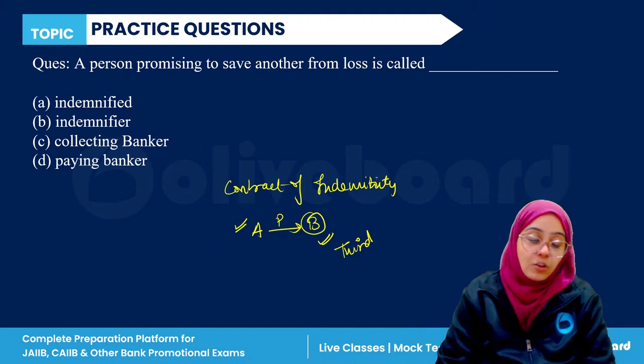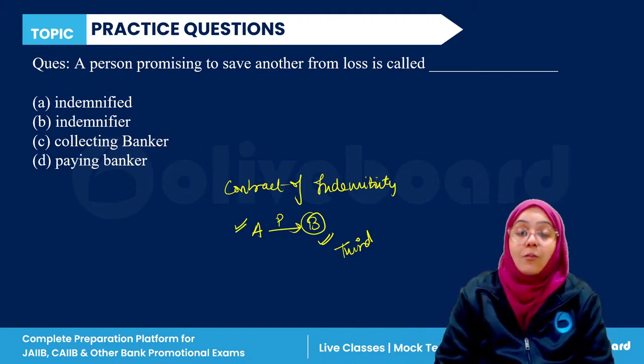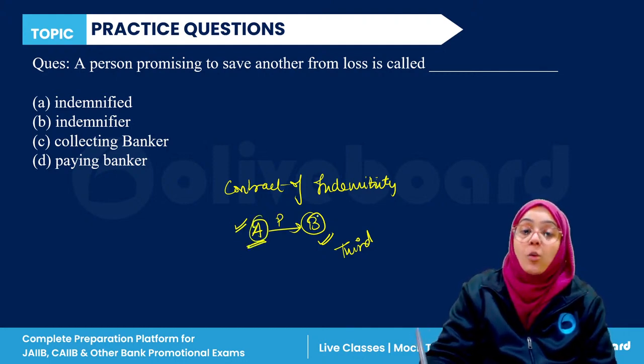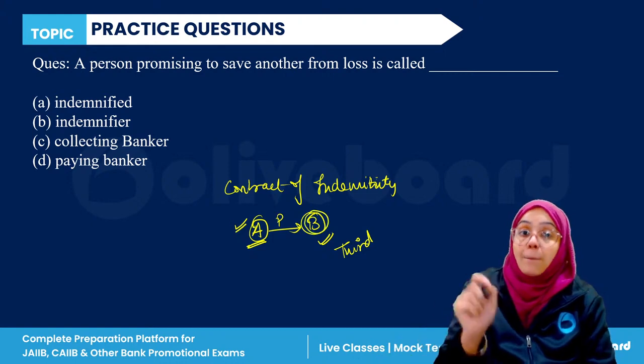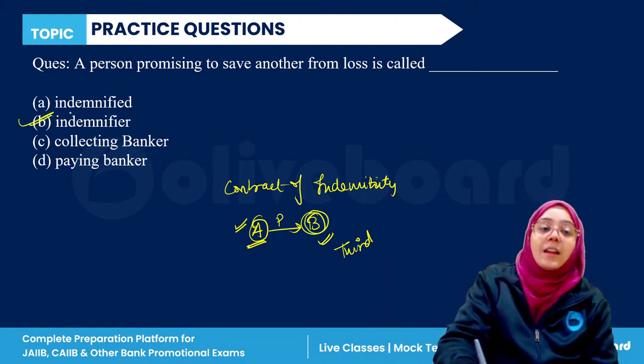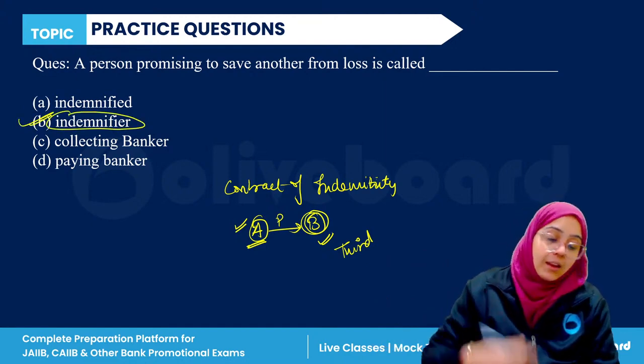This is known as a contract of indemnity, like an insurance contract. The one who is promising is called the indemnifier. The one who is being promised is called the indemnified. So B is the correct answer.